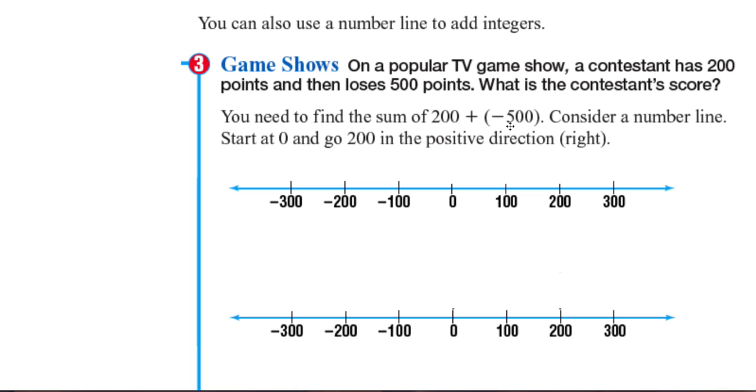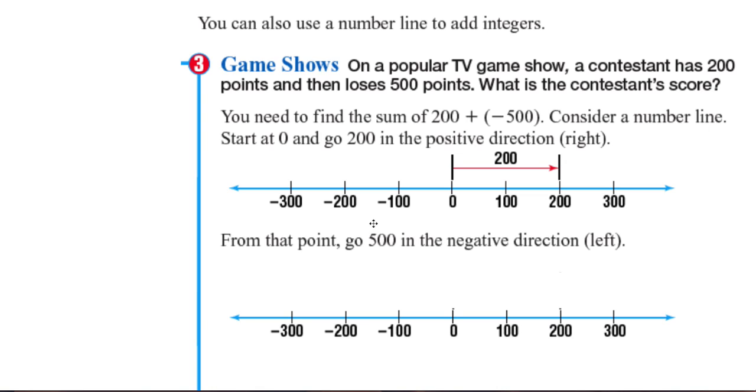So let's consider the number line. We start at 0 and go to 200, going to the right of 0. From 200, all we need to do is go 500 in the negative direction, which is going to the left.